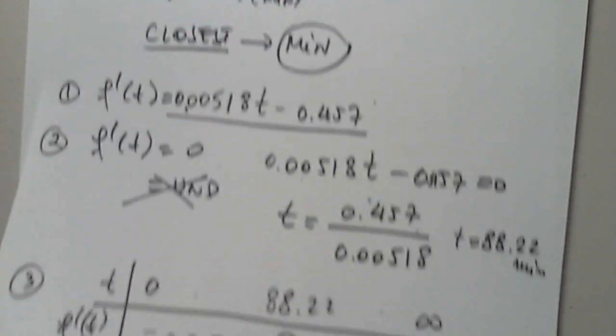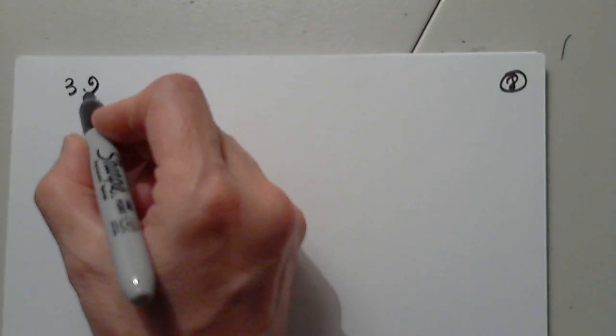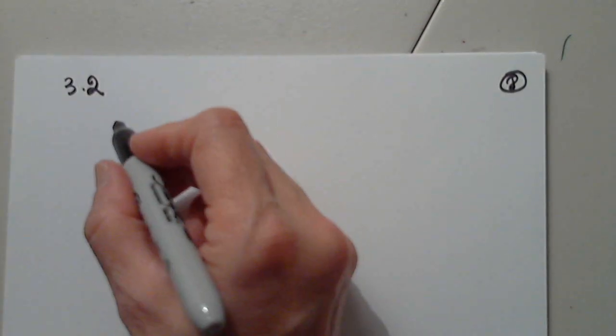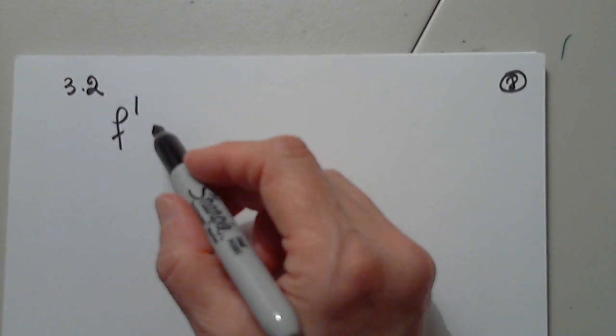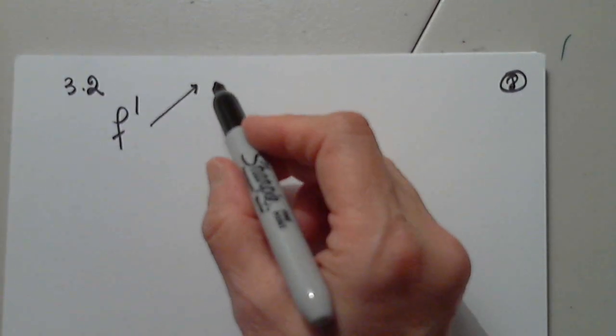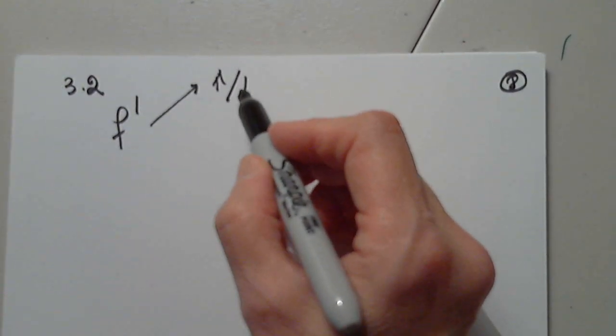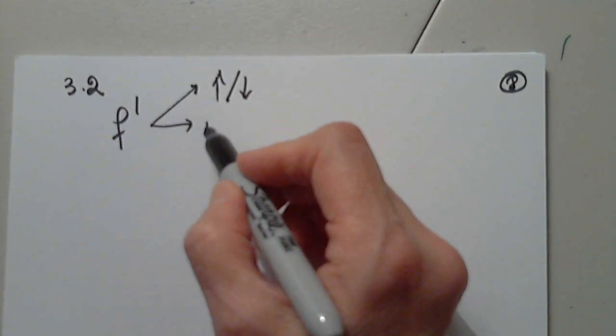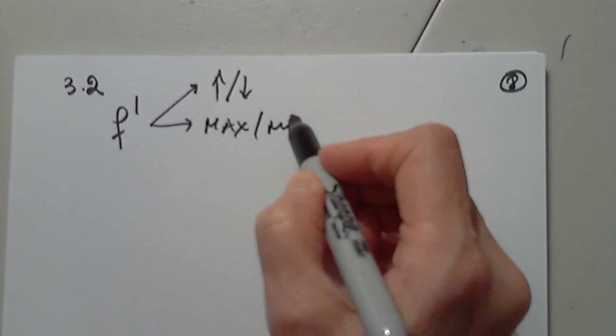Now, I know I only have about 7 minutes, but I have to continue. So let's take a look at 3.2. We know that f prime gives a lot of information, increasing, decreasing intervals. It gives max, min.